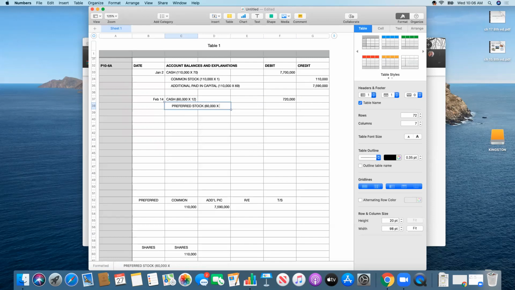The par value of the preferred is 10, so that's 600,000. The difference is 120,000. If you don't want to calculate the amount times 2, just take the difference between the debit and the credit.